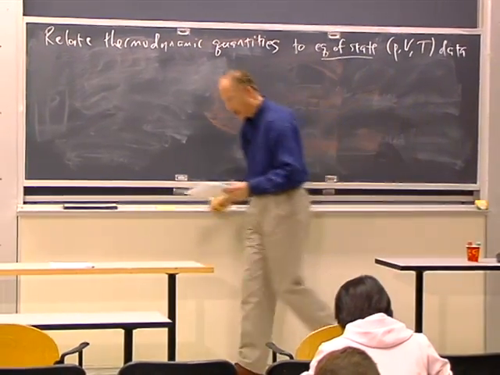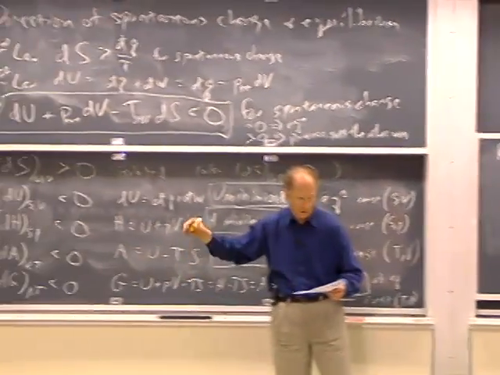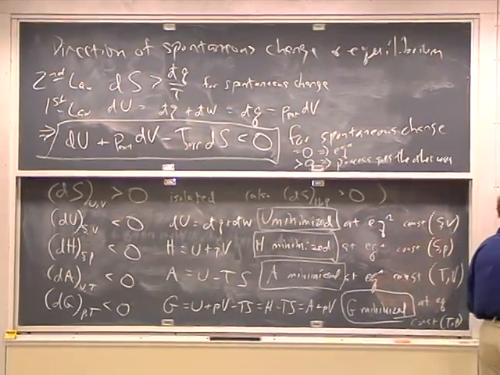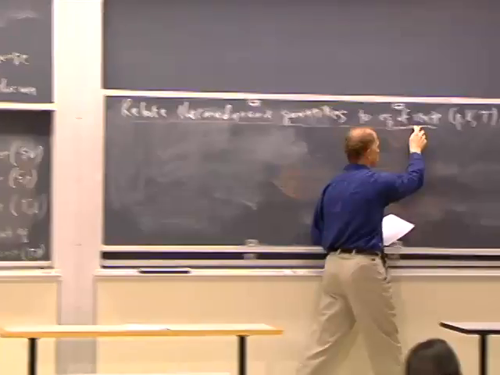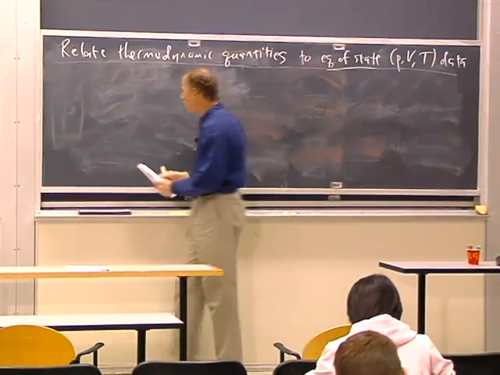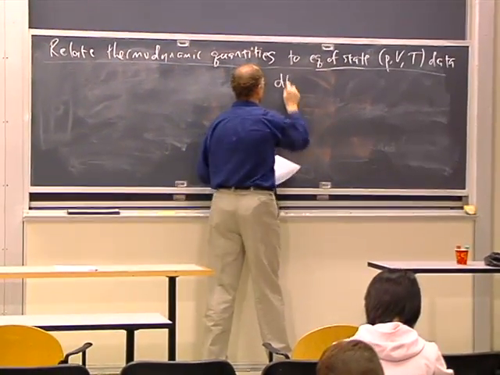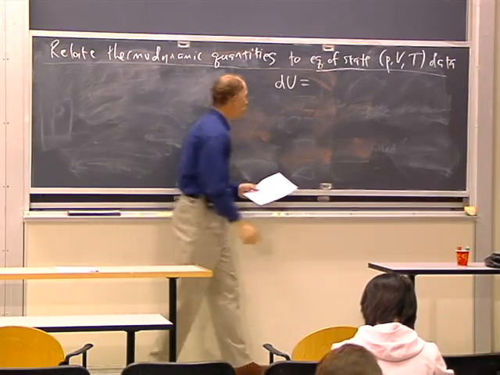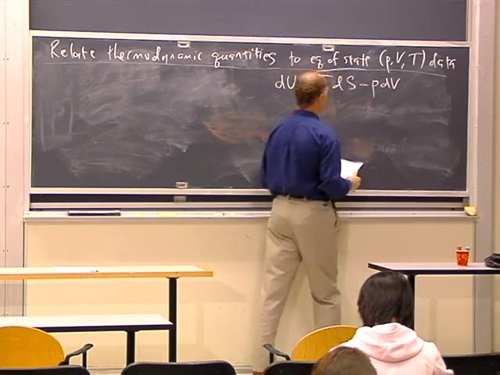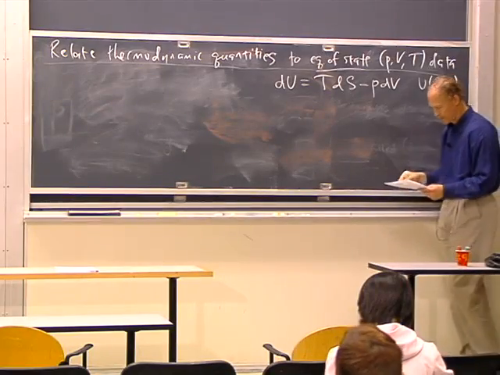And we can do that by going through and deriving what we'll call the fundamental equations of thermodynamics that will provide these relations. At this point, we know enough to do this in a straightforward way. So if we start with our relation for energy, dU equals T dS minus P dV, where U is written as a function of entropy and volume.